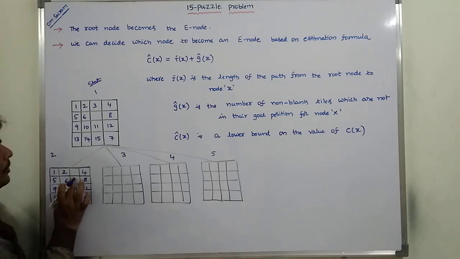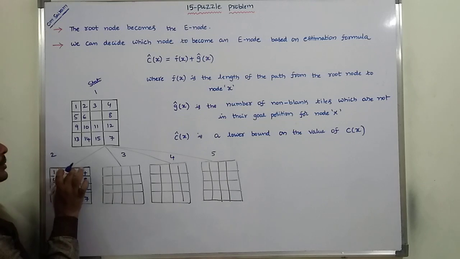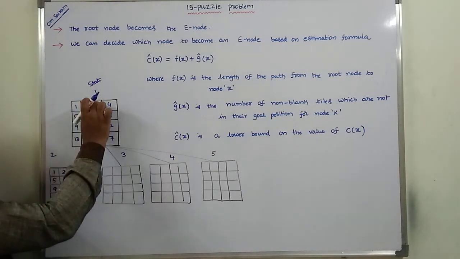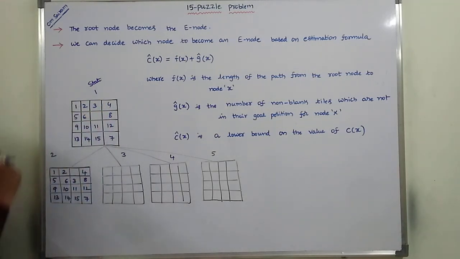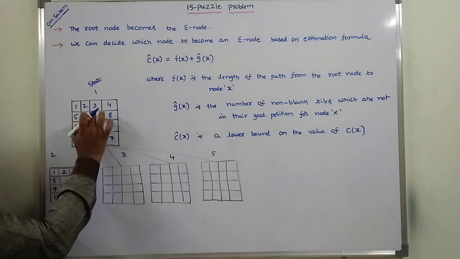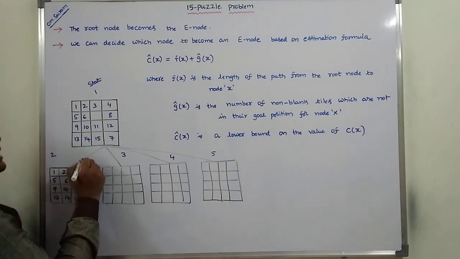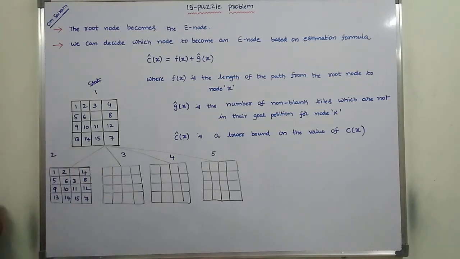Now the empty tile cannot be moved to this position, and tile 3 goes down. So tile 3 can be moved to the down position, and the empty tile can be moved to the up position.